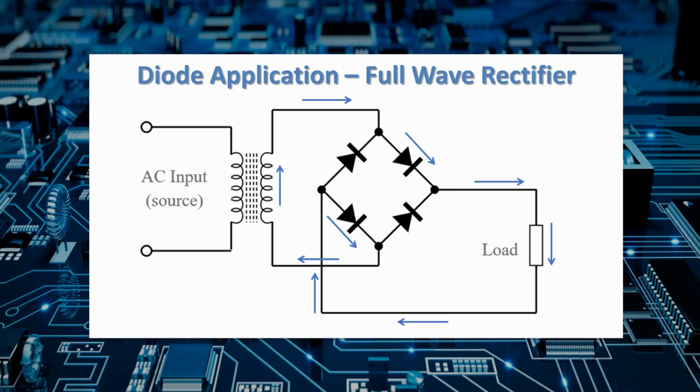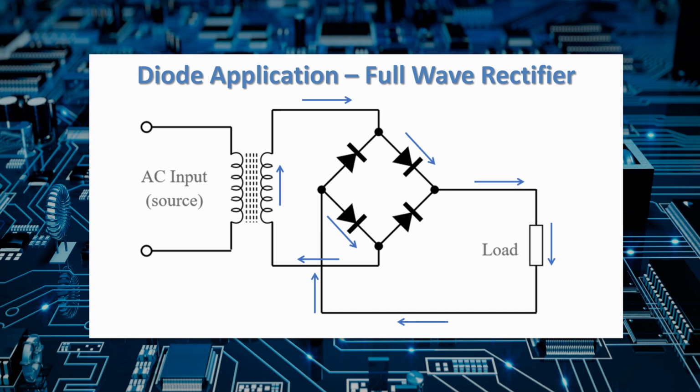In this example circuit, we see a full wave rectifier. Here, we use a diode configuration called a bridge to rectify both halves of the sine wave. We'll look at one half at a time. So here, the blue arrows show the direction of current for the positive half of the sine wave.